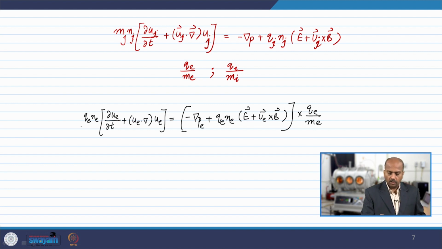So this here on the left hand side, you may be seeing that the mass is missing from here. That is because it gets cancelled by the multiplying factor that you have, which is Qe by Me.